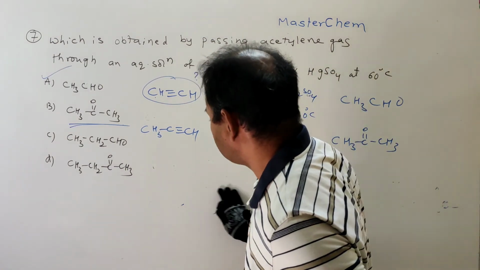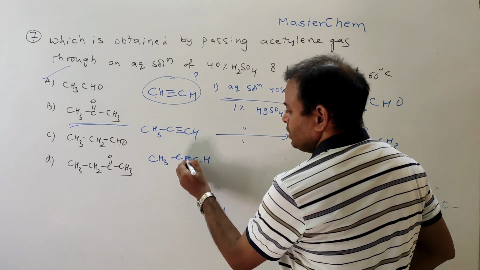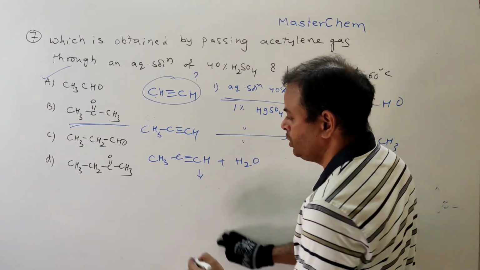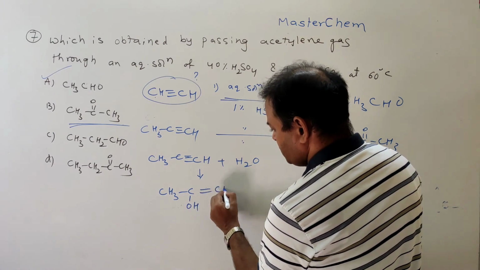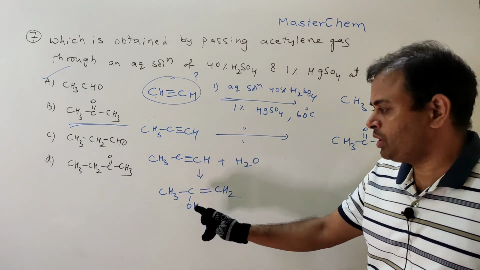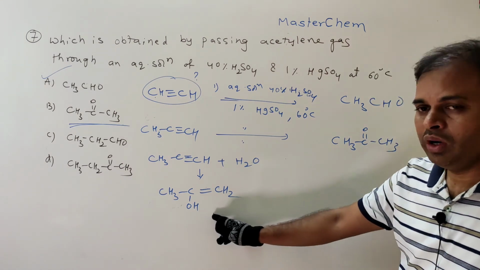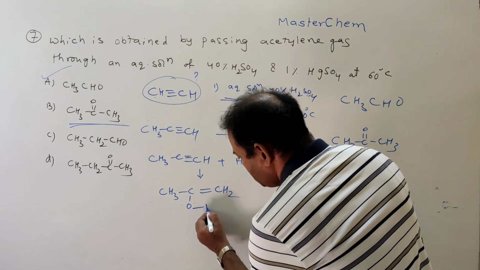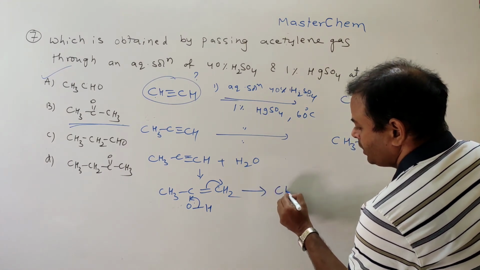Okay, so how it is? CH3C≡CH. Now hydrolysis. As per Markovnikov's rule, CH3C(OH)=CH2. OH must be attached to the carbon which is having less number of hydrogen atoms. So that is Markovnikov's rule. So as per that, unstable enol is formed. So this undergoes tautomerism just like the previous case. So what it gives?